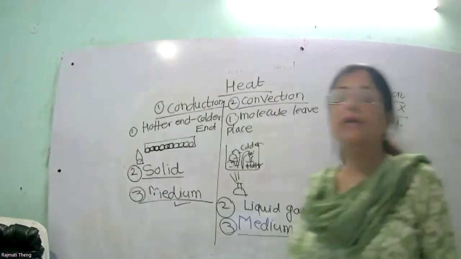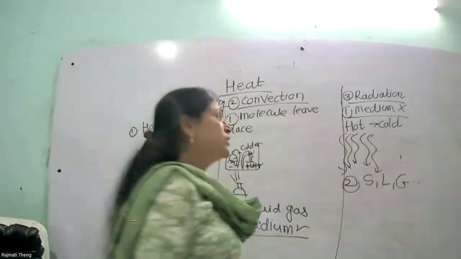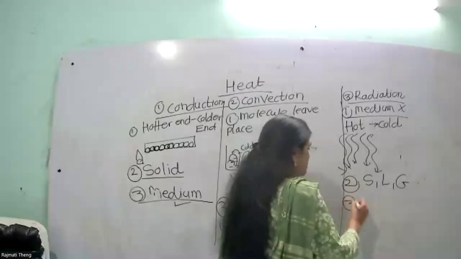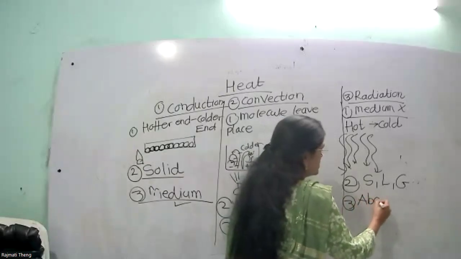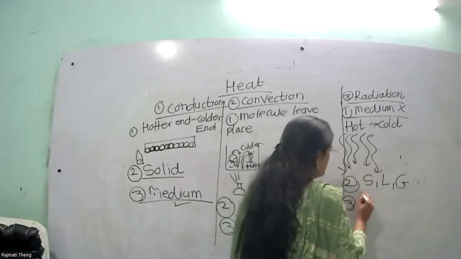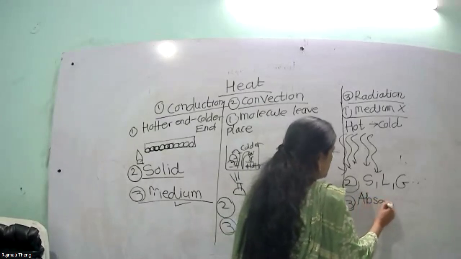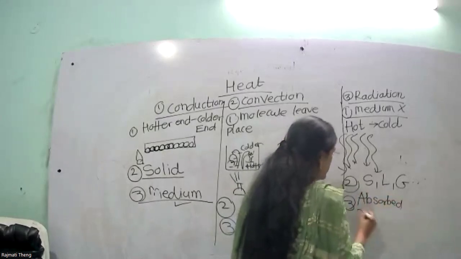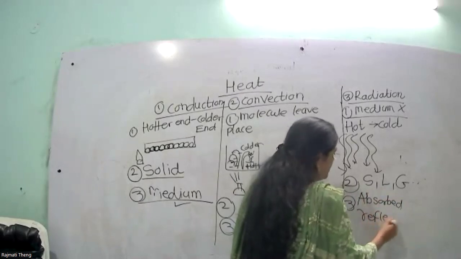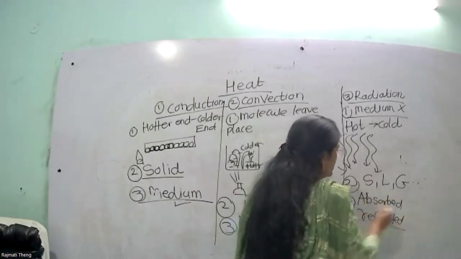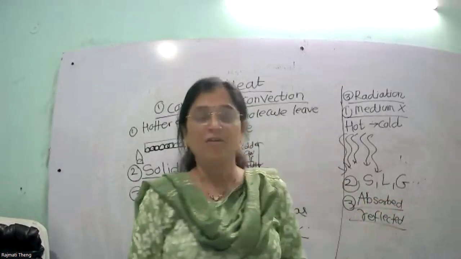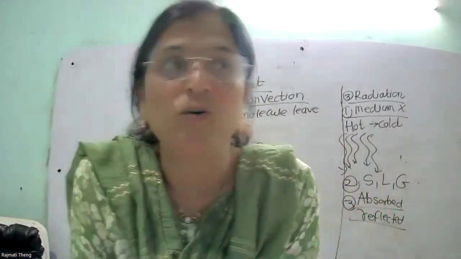So when radiation happens, some of the heat energy is absorbed and some of the heat energy is reflected. Some heat energy is absorbed and some heat energy is reflected.